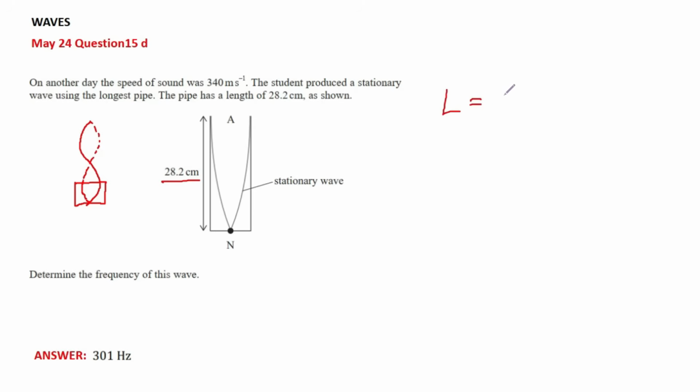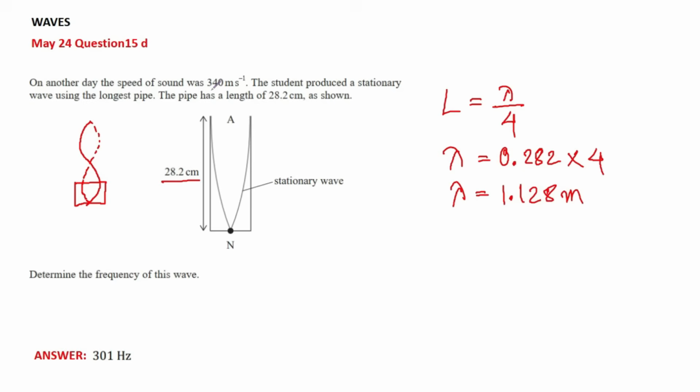Length is equal to lambda by 4. So lambda should be equal to length times 4. Length is, let's convert this to meter, divided by 100 is 0.282. 0.282 times 4, so the value of lambda that we get is 1.128 meter.